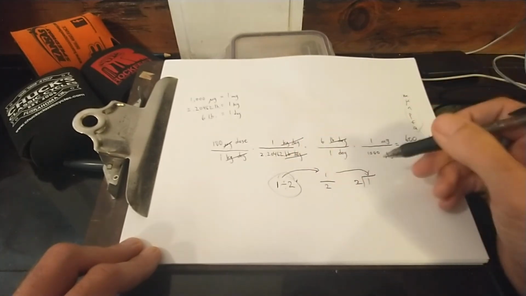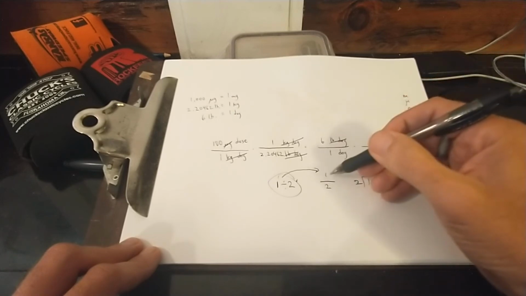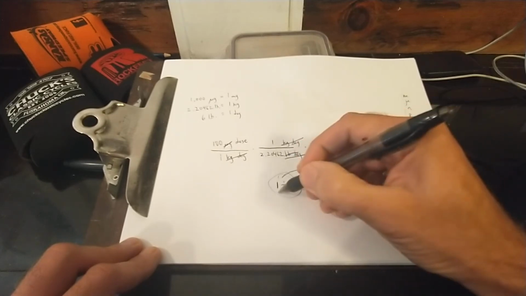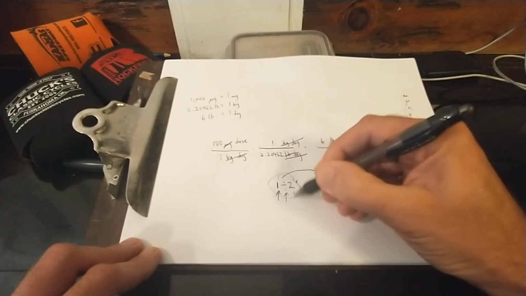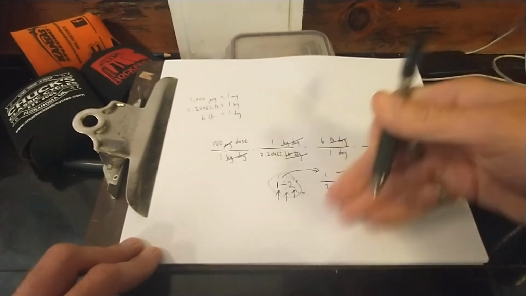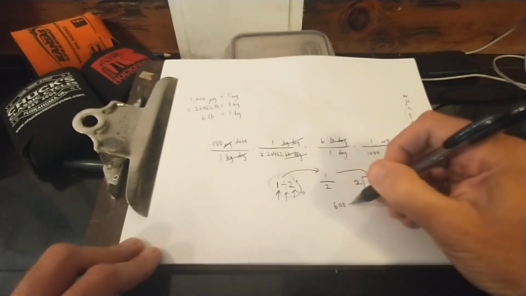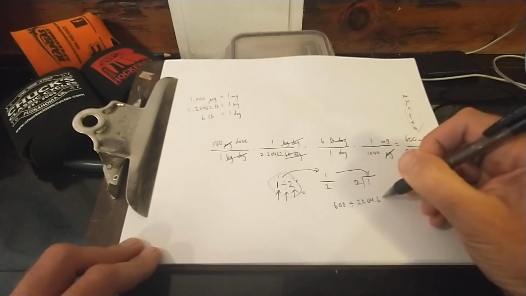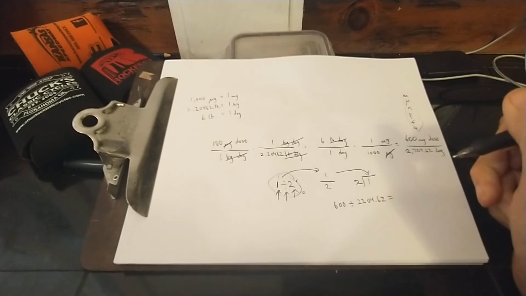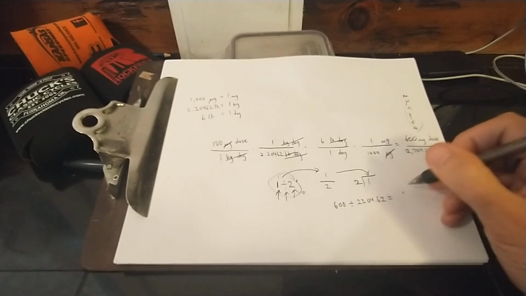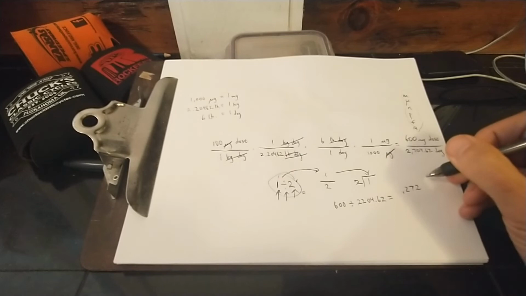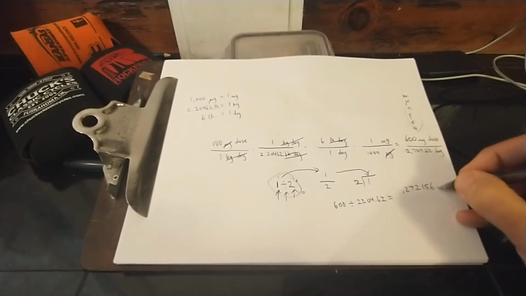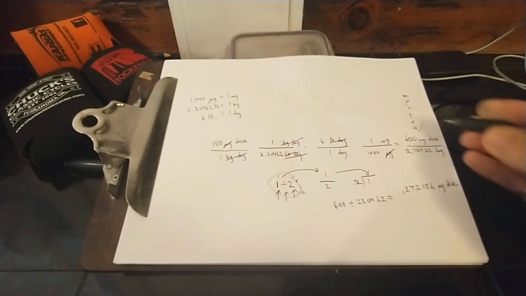And this is the calculator approach right here. So if you take my numerator, 600, and I'm going to divide it, that's the keys you hit. Your numerator, division key, denominator, equals, and then you're going to get your answer. So 600 divided by 2,204.62 equals 0.272156, and then we had milligram dose, because all we did was divide the numbers.